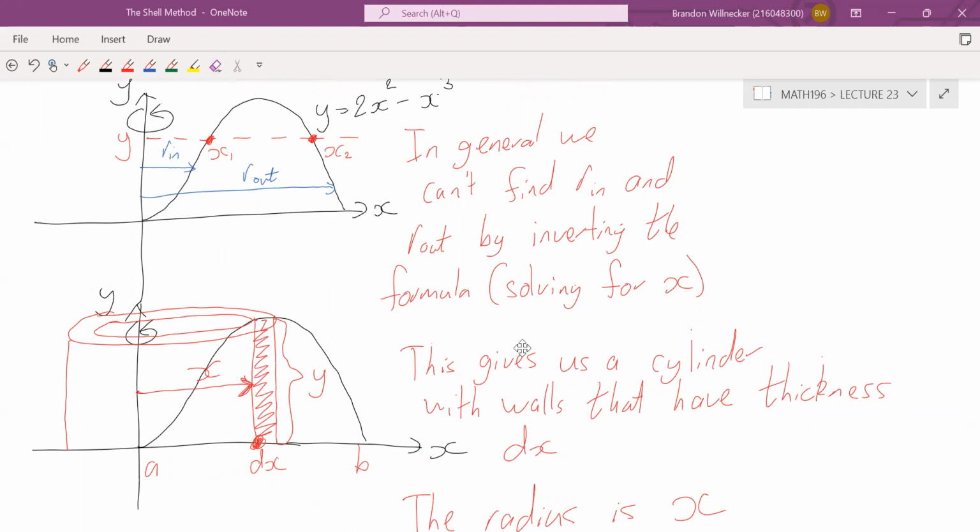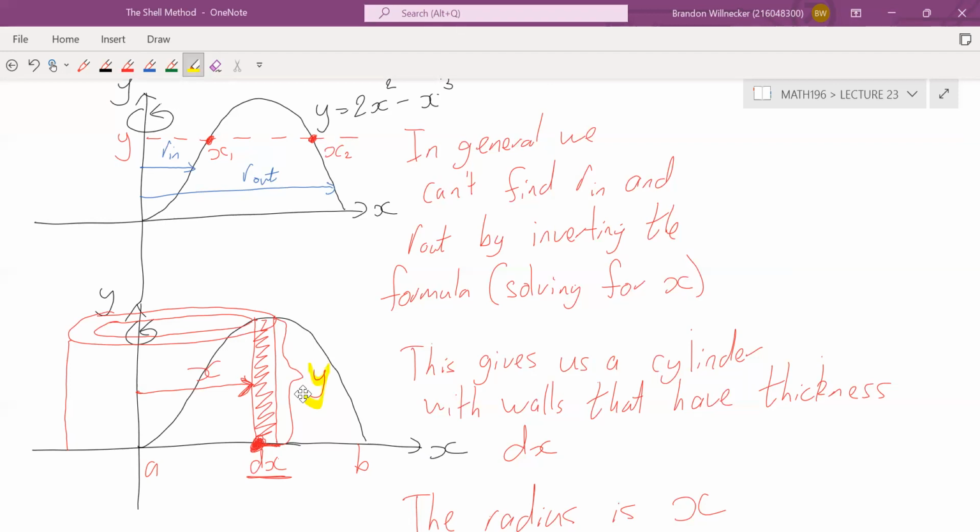The walls of the cylinder have some thickness, given by dx. The height of the cylinder is given by the height of the function, which is just y.